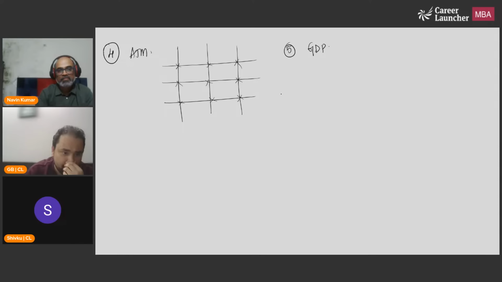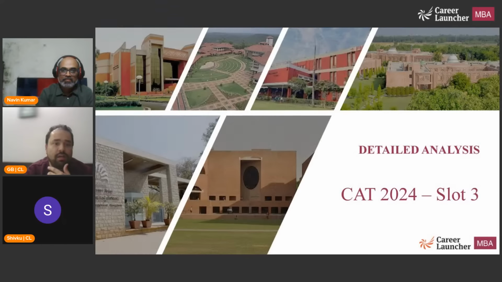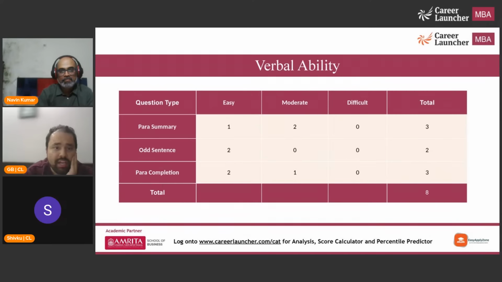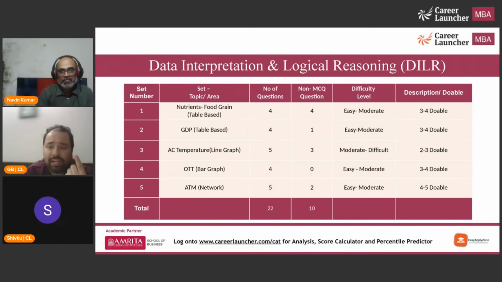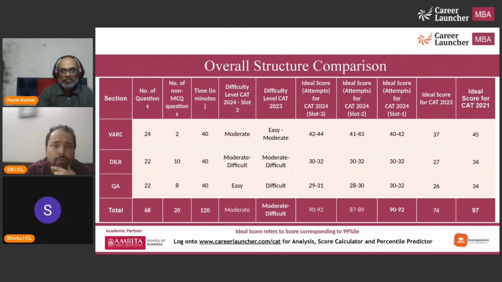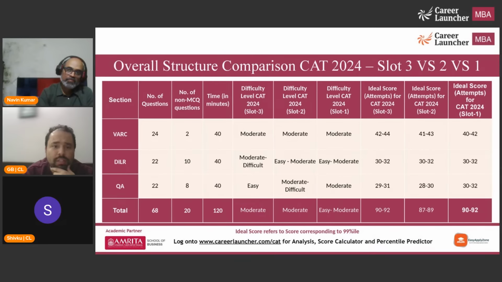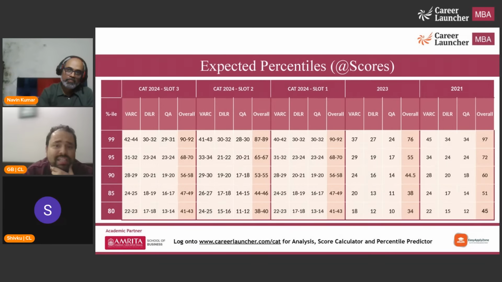But what we'll straight away jump to is what the expected cutoff could be, because a lot of you are asking about that, and we'll get a little deeper into this in the consolidated analysis as well. From the perspective of the 3 slots that we've seen, slot 3 and slot 1 were very, very similar.